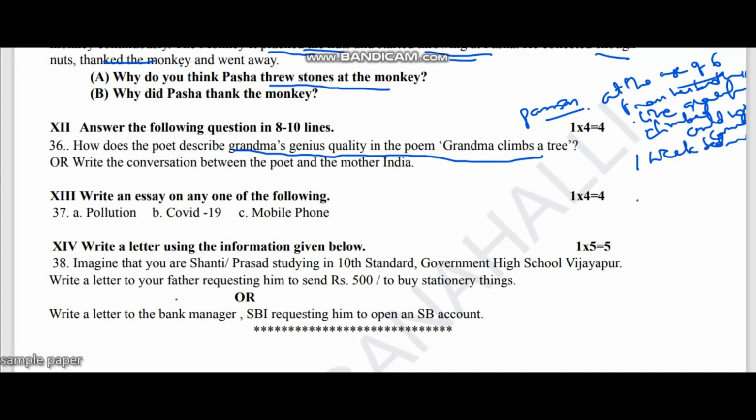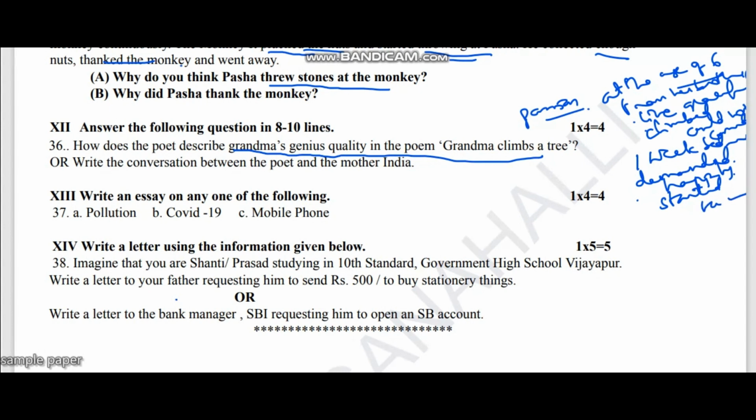So Grandma was not happy lying on the bed, and she demanded a tree house from her son. Her son was a dutiful son, father of Ruskin Bond, and he happily agreed, and father and son, they started the work.